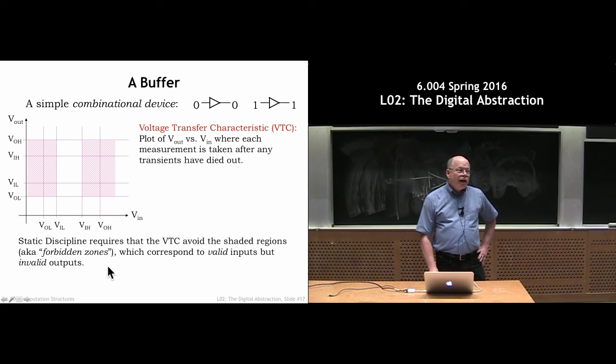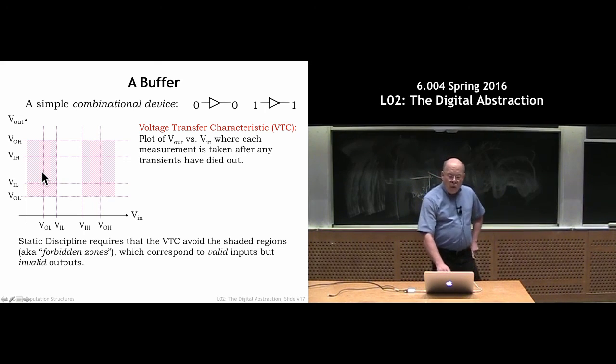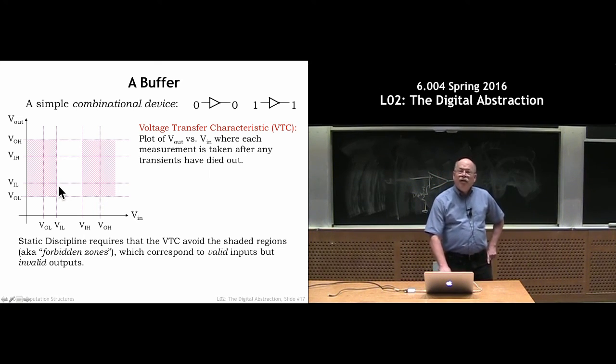Why am I insisting that if one of the measurements I make has a point that falls into that region, I'm going to throw the device away and accuse it of not being combinational? Yes, that's a good start. We're getting there.